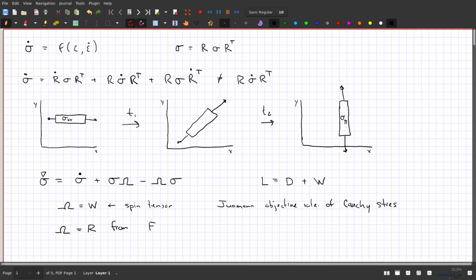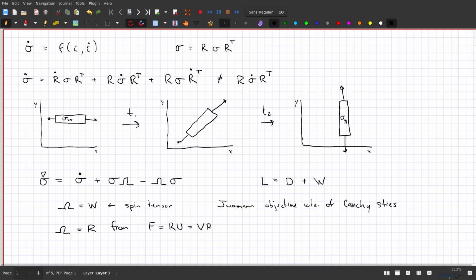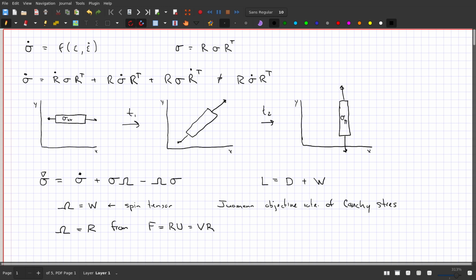So we can take the deformation gradient and we can decompose it into a rotation and a stretch. And the decomposition is not necessarily unique. So we can decompose it like this or like this. And in either case, R would be the same, but U and V would be different, right?